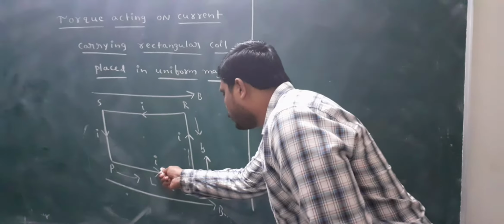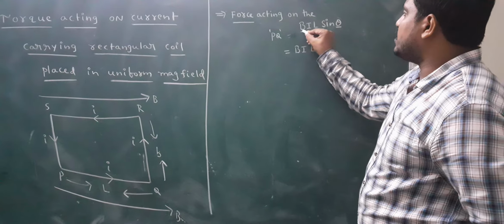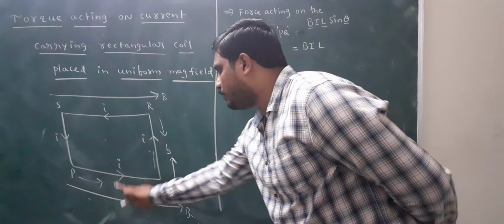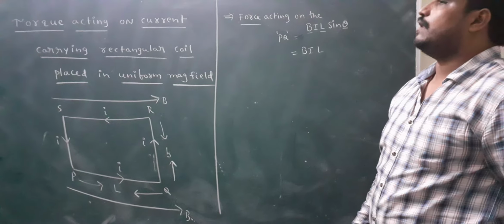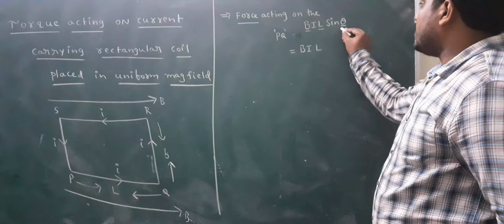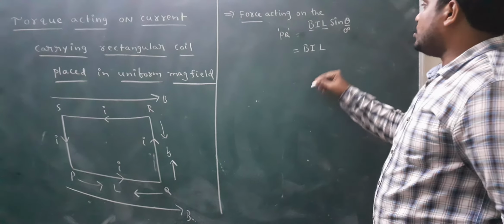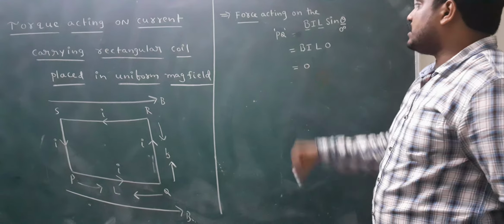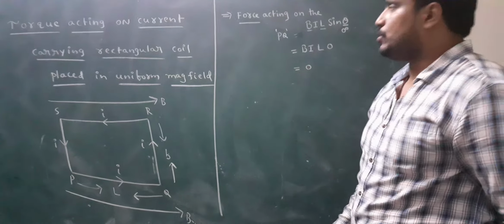In this situation, B means B, I means I, the length of PQ is L. Here theta is the angle between L and B. According to the diagram, L and B are both parallel. Theta value is 0, sin 0 is 0. Force acting on PQ is 0.